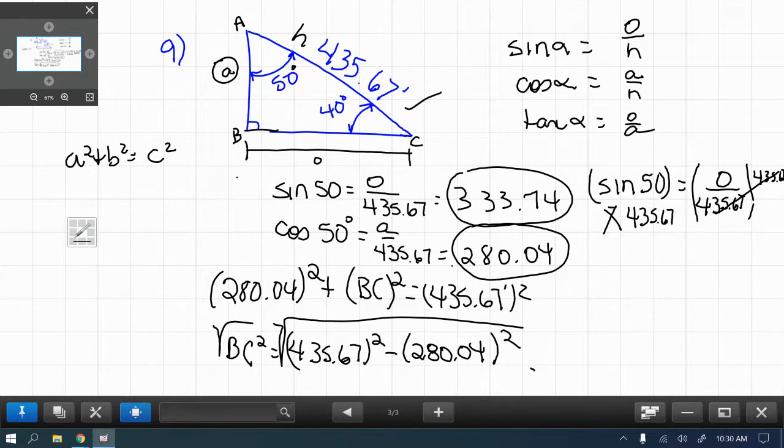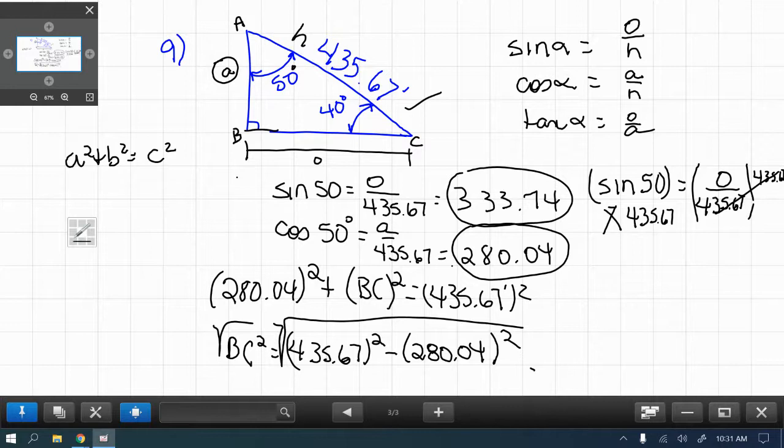Mm-hmm. Gotcha. So in other words, to solve for O by itself, you got to get the 435.67 over here. So what you do to one side, you got to do to the other side. So that's how we knew to multiply it, because that's division there. So it's the opposite of what it is. If it's underneath here, you're going to multiply it.